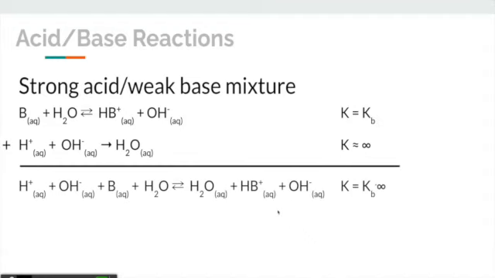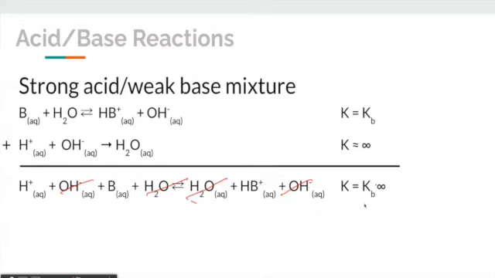Another way of thinking about this is we can add these two reactions together. If you think about that, just summing up all the products and all the reactants, we can take away water from each side. We can take away OH minus from both sides. And that's about all that we can take away. Now, what is K for this reaction? Remember, the rule of multiple equilibria says that if you add two reactions together, the K for the sum of those reactions is the product of the two Ks for the reactions that you added together.